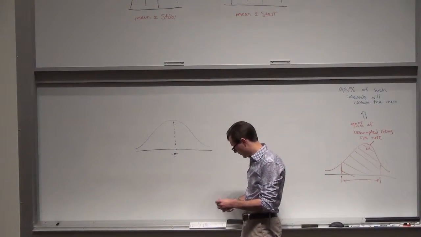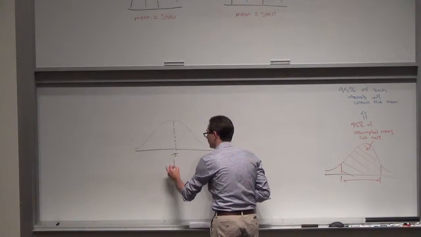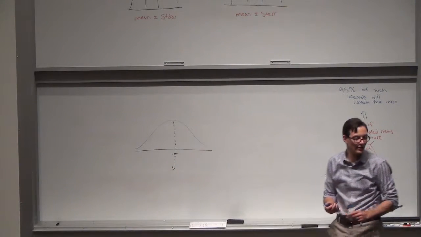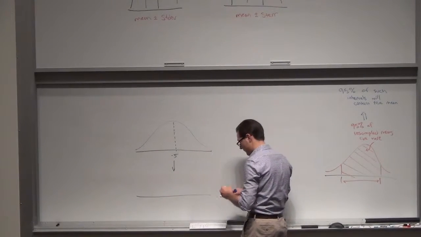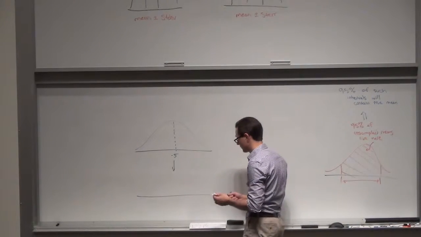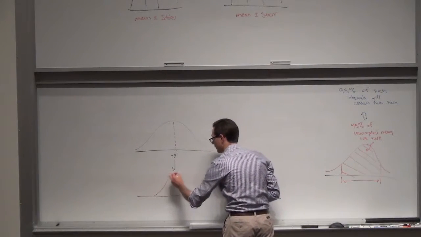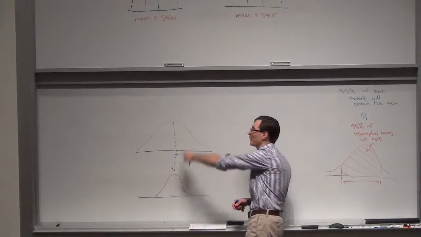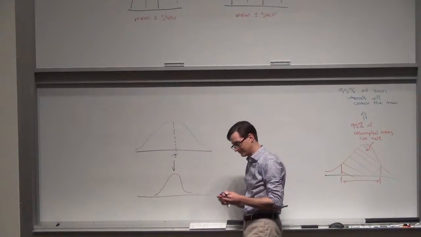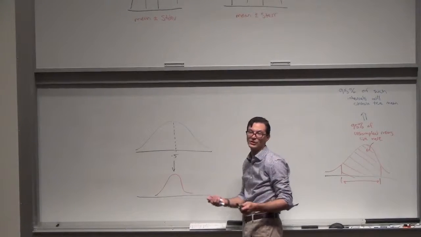All right, so we can do our resampling trick. Look at the distribution of means. And in the homework, we're going to see that sort of invariably this is narrower than that. And that's interesting and useful.